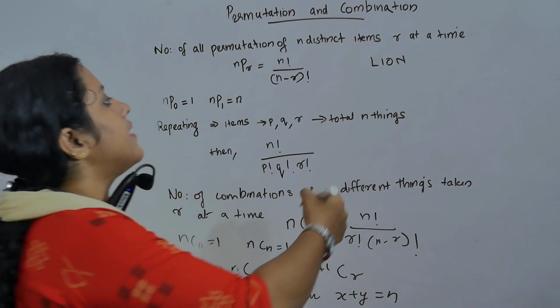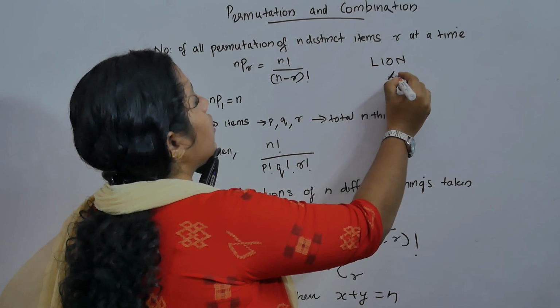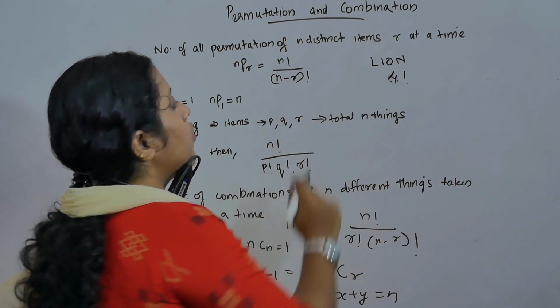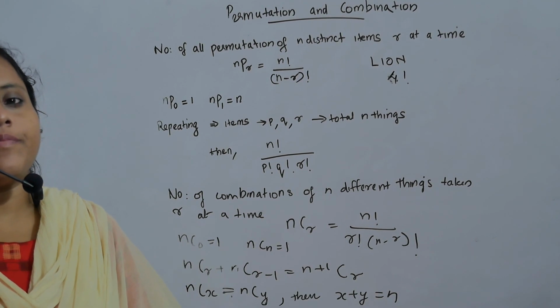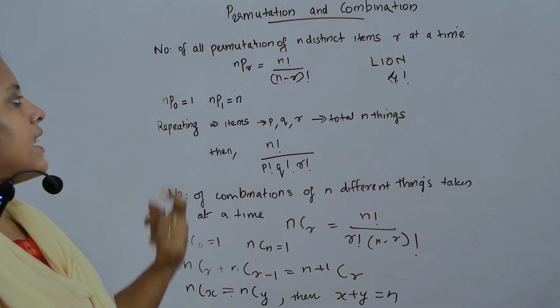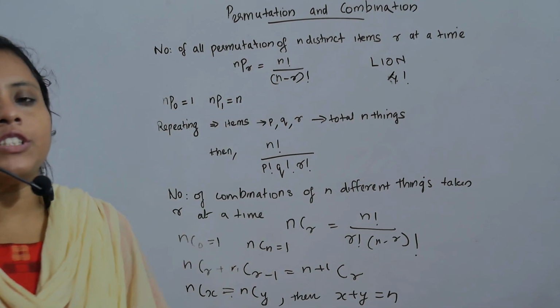We can just write 4 factorial, because in 4 different ways we can arrange. But if they say r at a time, then in that case we use this permutation formula.